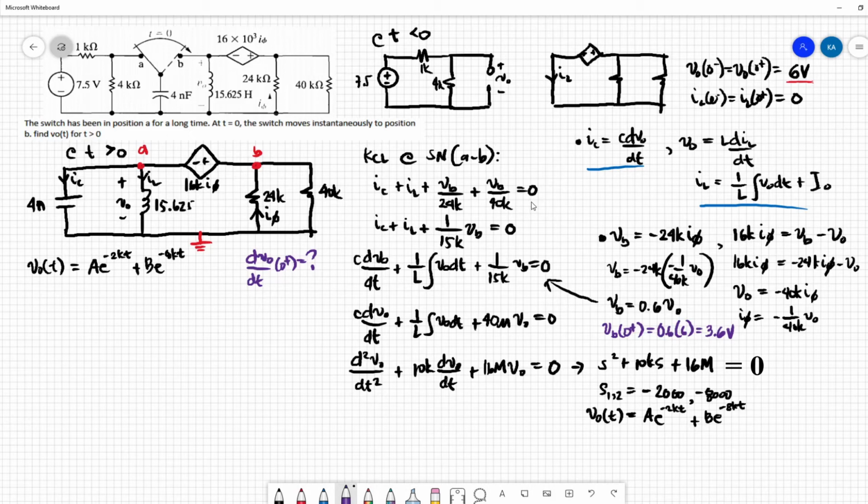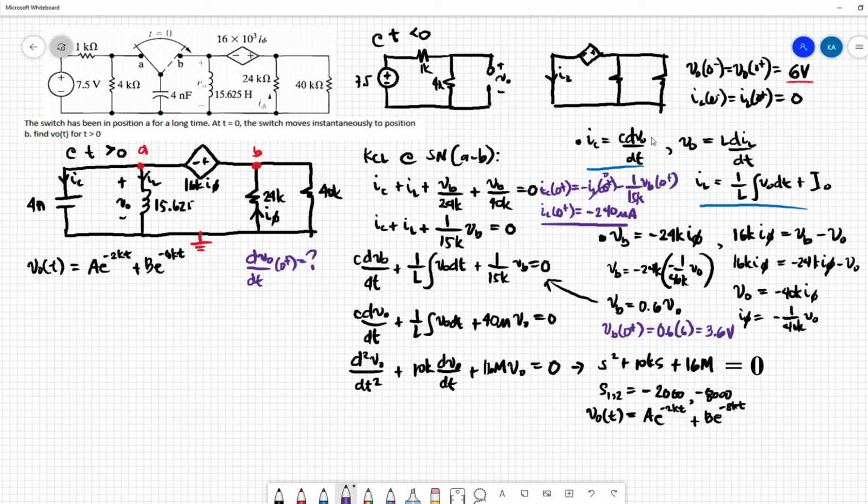Now looking at this equation, iC of 0 plus is equivalent to negative iL of 0 plus minus 1 over 15k times VB of 0 plus. So iL of 0 plus is 0, then VB of 0 plus is 3.6. So our iC of 0 plus is equal to negative 240 microamperes.